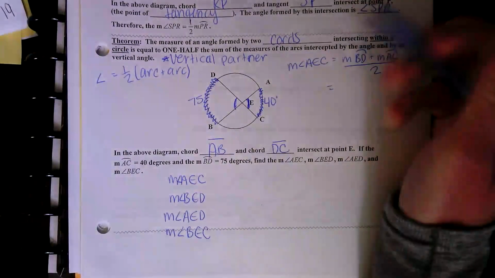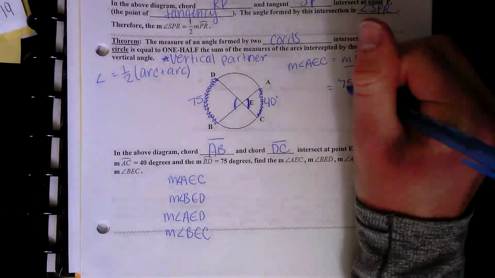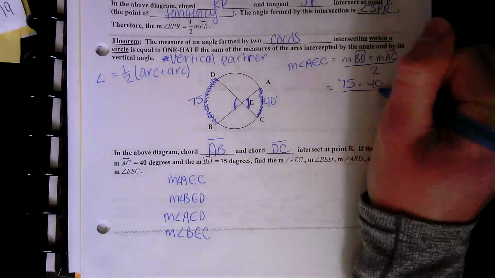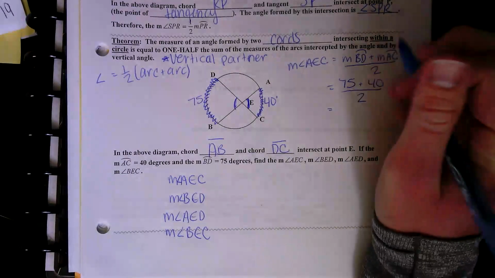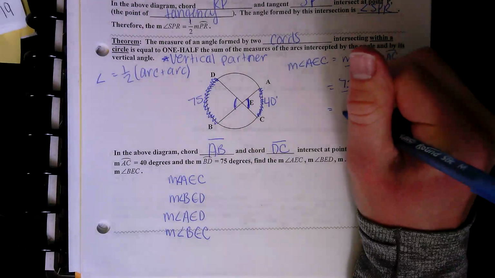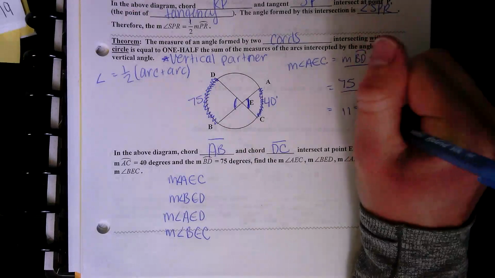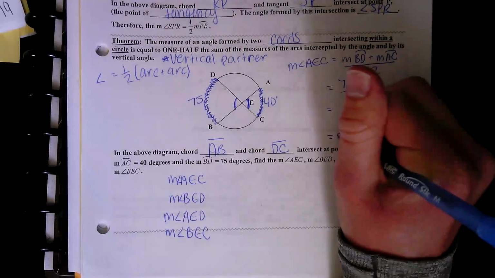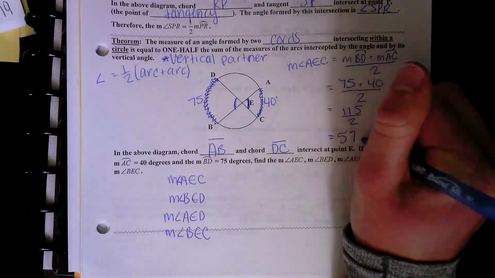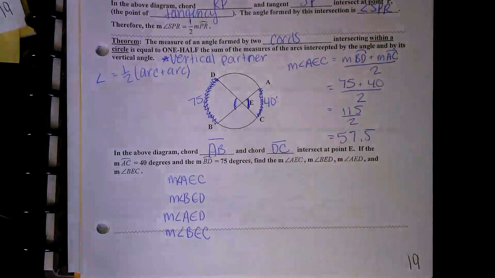The measure of arc BD is 75, plus 40, divided by 2. 40 plus 75 is 115, and 115 divided by 2 is 57.5.